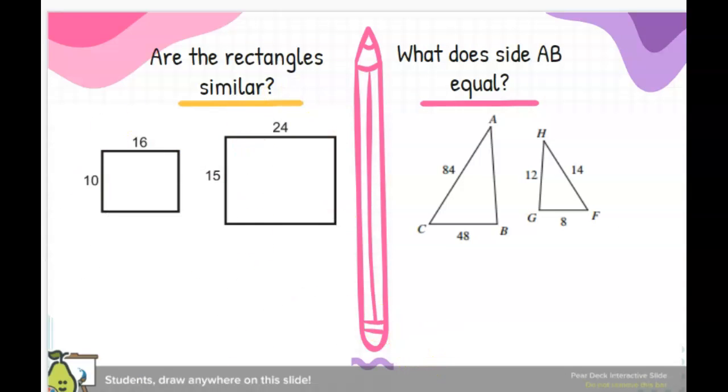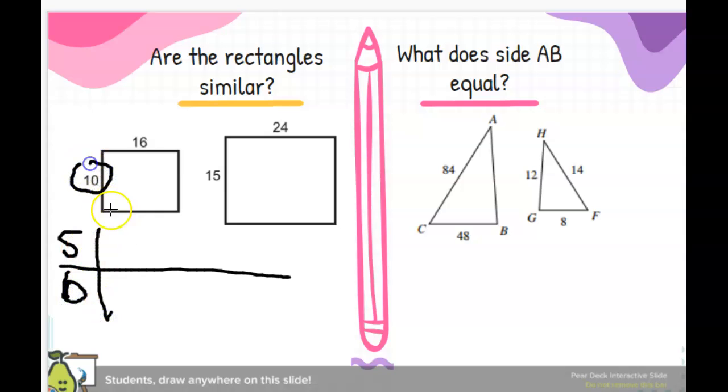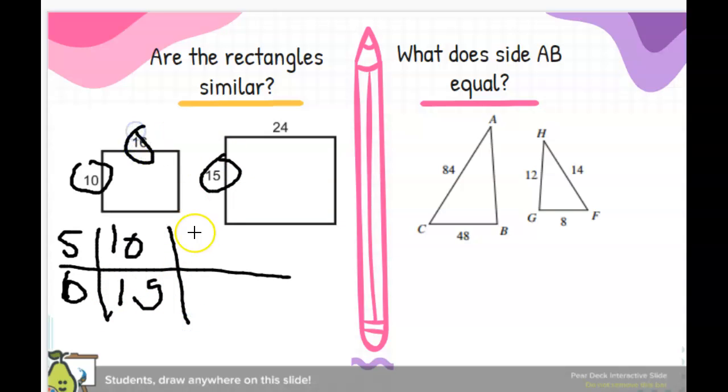In these two questions, this one says, are the rectangles similar? So you would set it up as a proportion. I like to do small to big, that's what I told you guys I like to do. So small side 10, big side 15. And then small side 16 would go to 24.